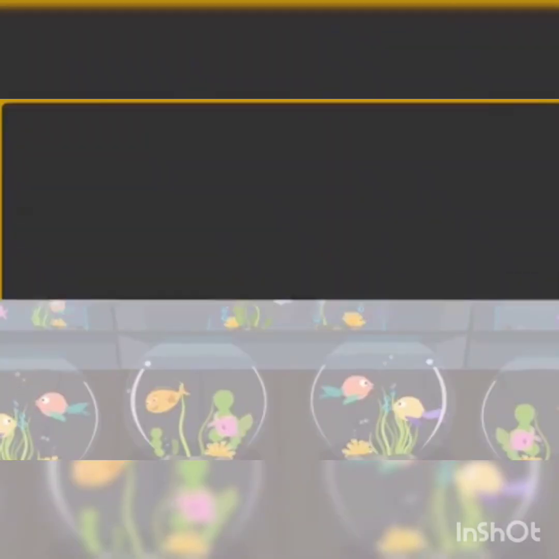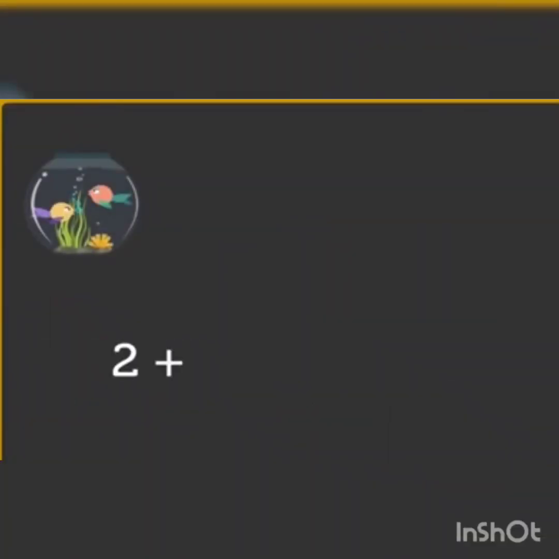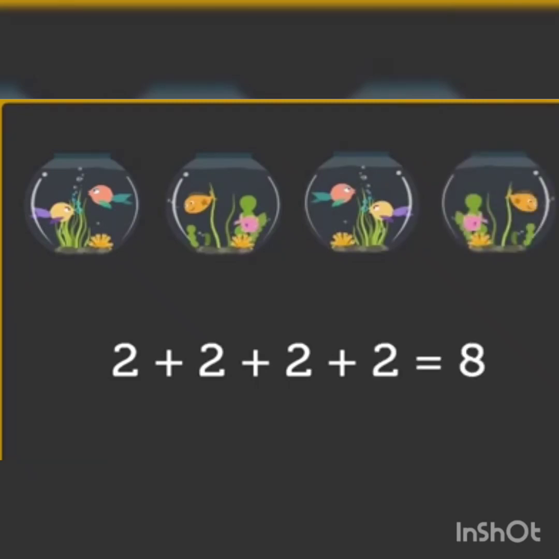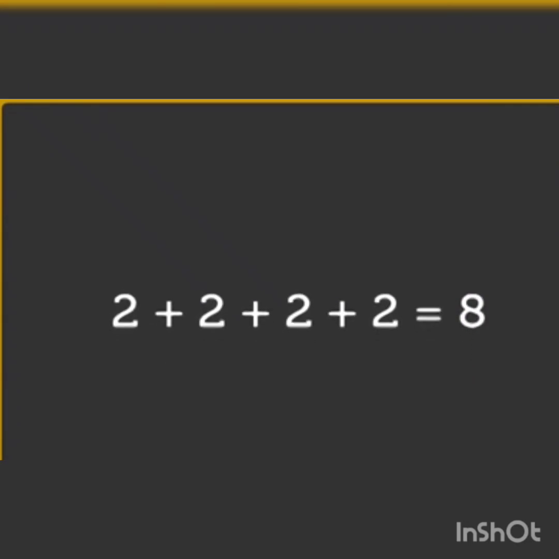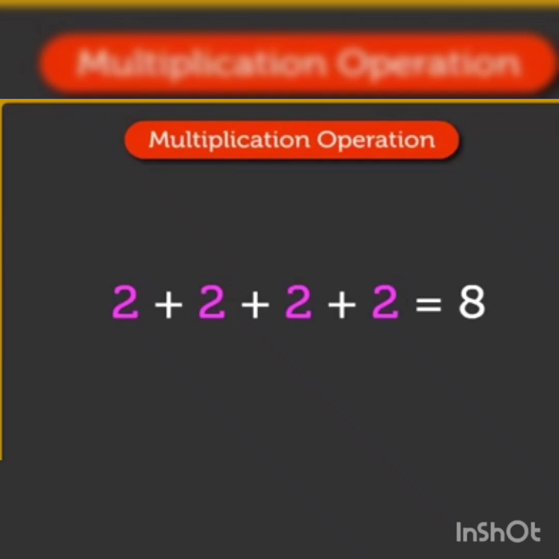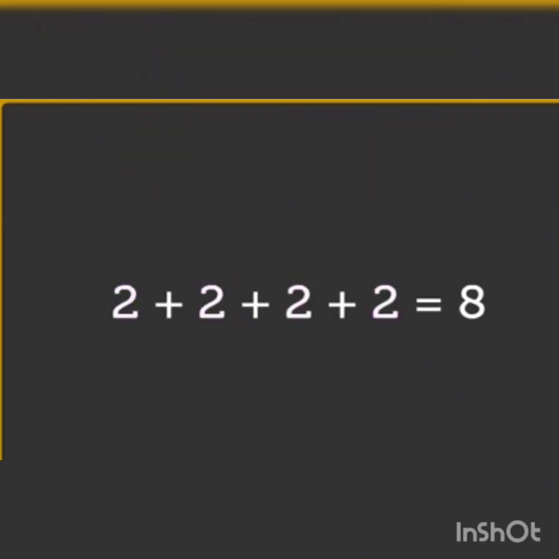Yes, there are 2 fish in each bowl. To get the total number of fish, we add the number of fish in all the bowls. That is 2 plus 2 plus 2 plus 2, that is equal to 8. Here there are 8 fish in all.